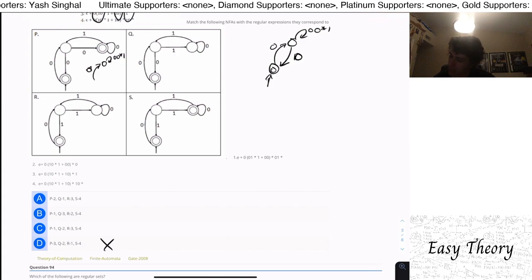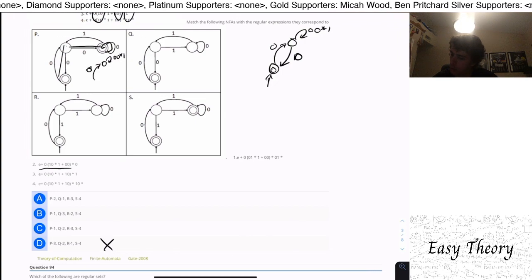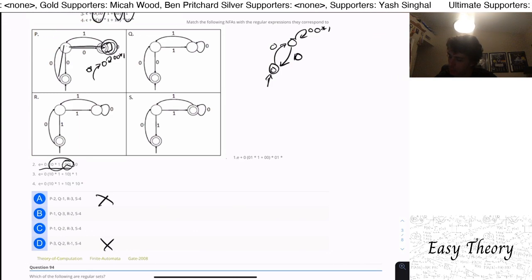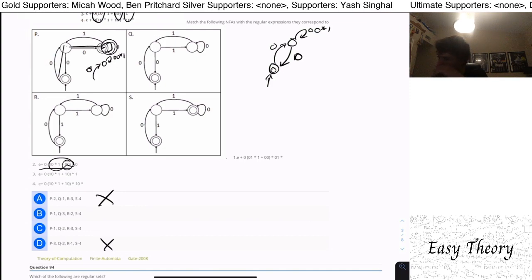No, it doesn't, because if it is 2, then that means that it would have a 0, and then skip over the 1, 0 star 1, 0, 0. But then I can go a 0, 1 more time, and that would give us 3 zeros, but I couldn't get that originally. So A is not the answer either. So P matches with 1. S must match with 4 then.